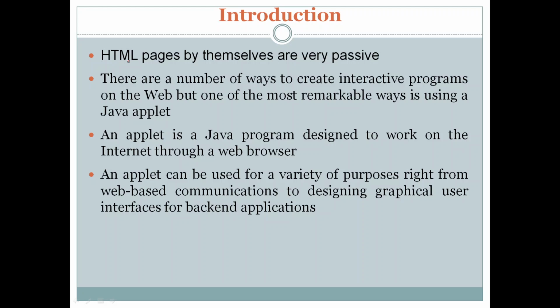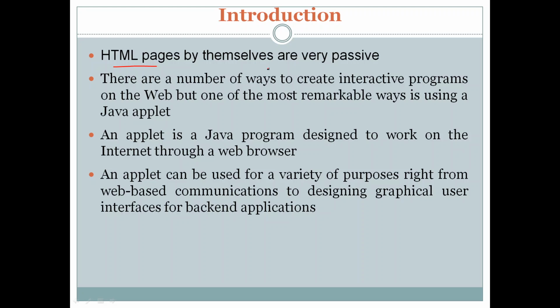So HTML pages by themselves are very passive. You can say there are two types of pages, one is active and another is passive. Active pages are responsive pages, that is when the user interacts with those pages, then those pages will react to the user interactions. Passive pages do not react to the user interaction. So the pages developed in HTML are generally passive pages.